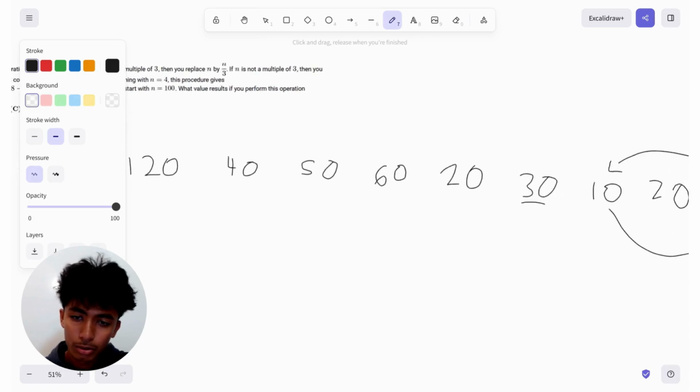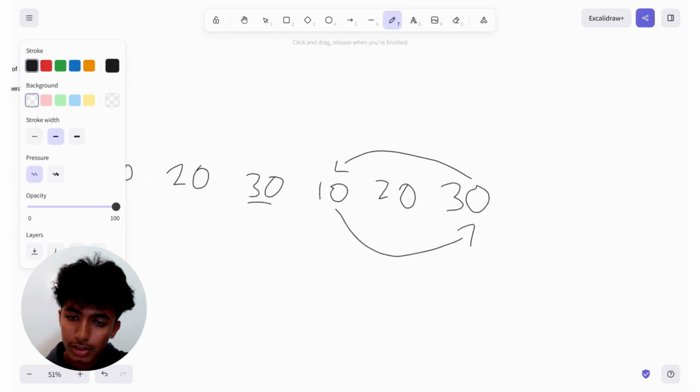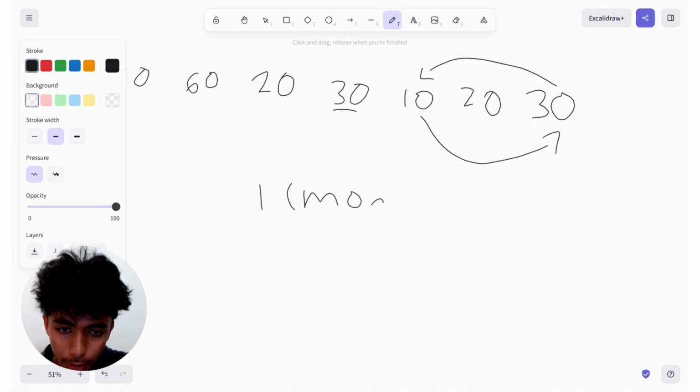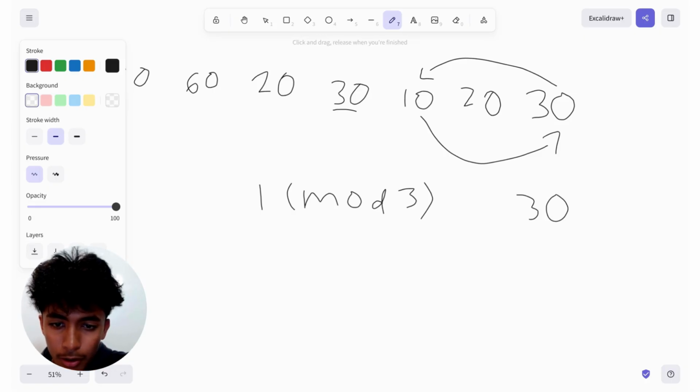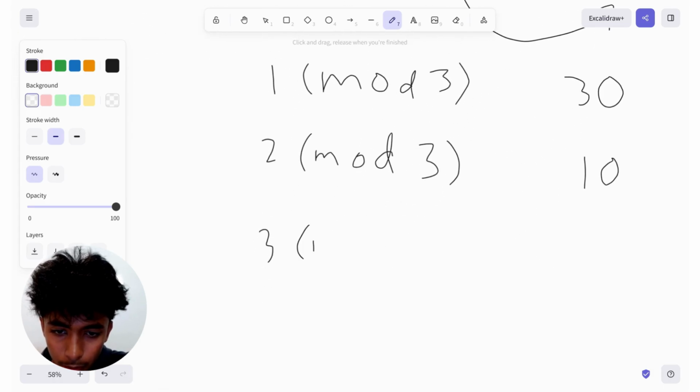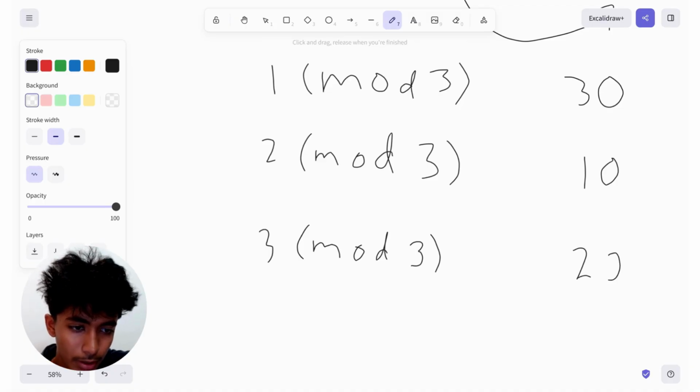So we get 1, 2, 3, 4, 5, 6, 7, meaning that when it is 1 mod 3, then we get 30, 2 mod 3 would be 10, and 3 mod 3 would be 20.